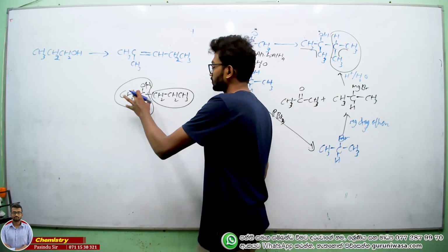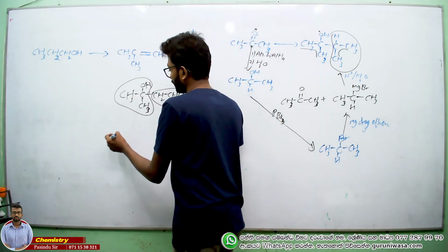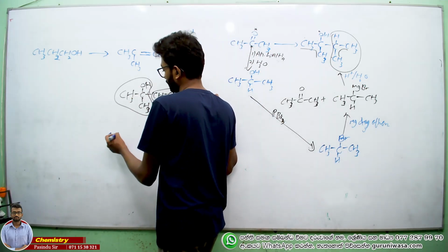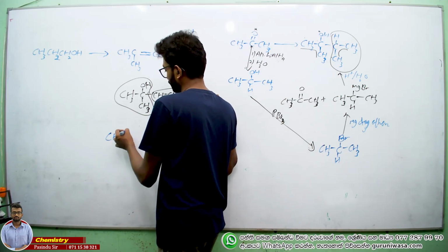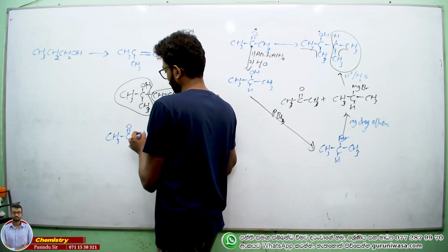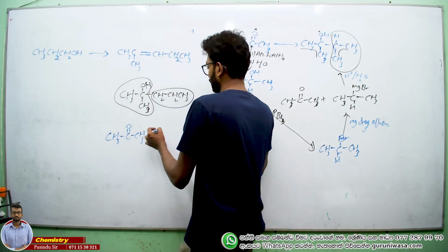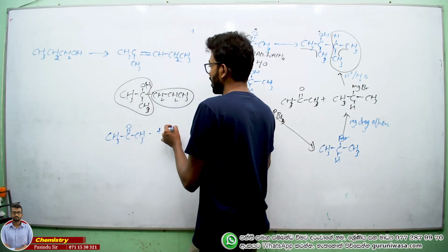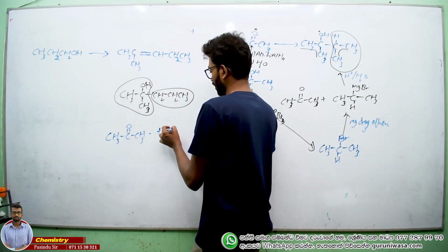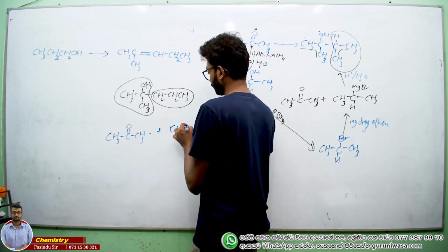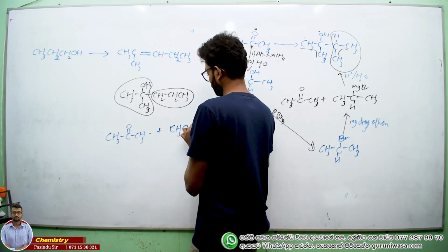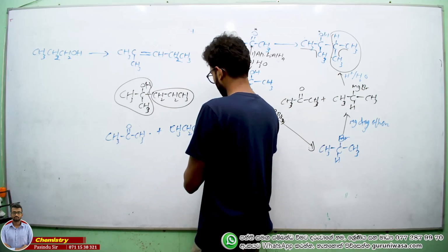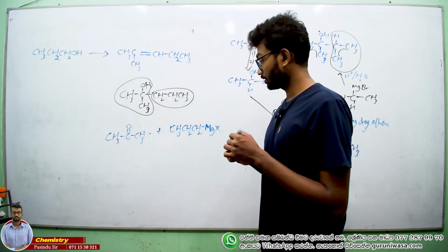So here, let's make these two separately, right? This one is the ketone group, CH3, C, okay, and this is the Grignard part, CH3, CH2, Mg, X, right?